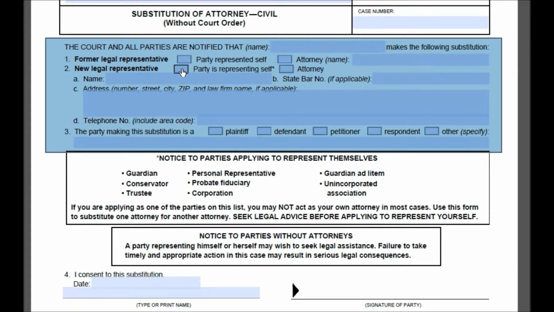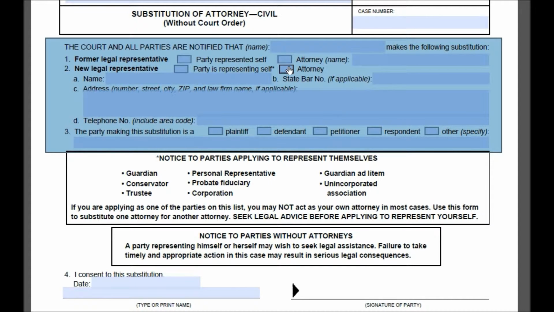That would be the case if you are substituting an attorney off the case and no new attorney is taking over. Or you might have an attorney be the new representative going forward. That would be if you were doing the case yourself and you substituted a new attorney on, or you had an old attorney you couldn't afford or didn't like, so you got rid of that attorney and you are going forward with a new one.